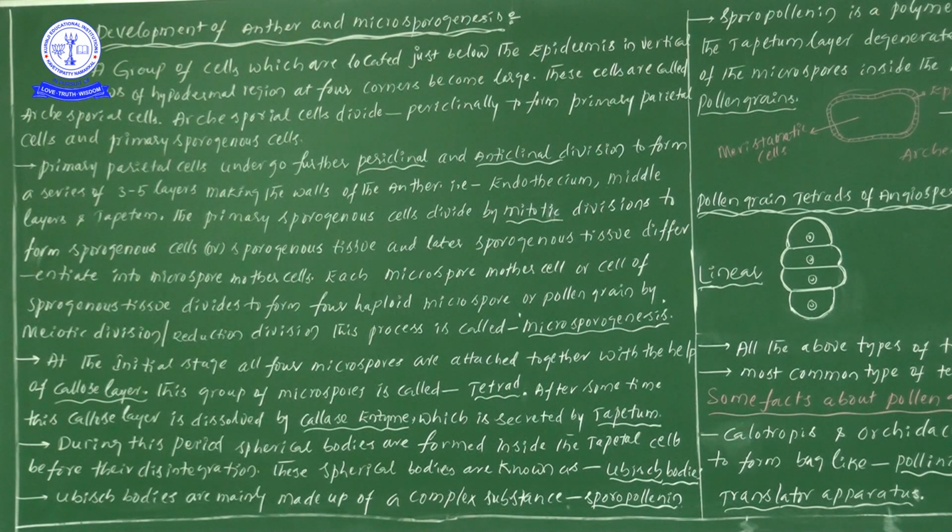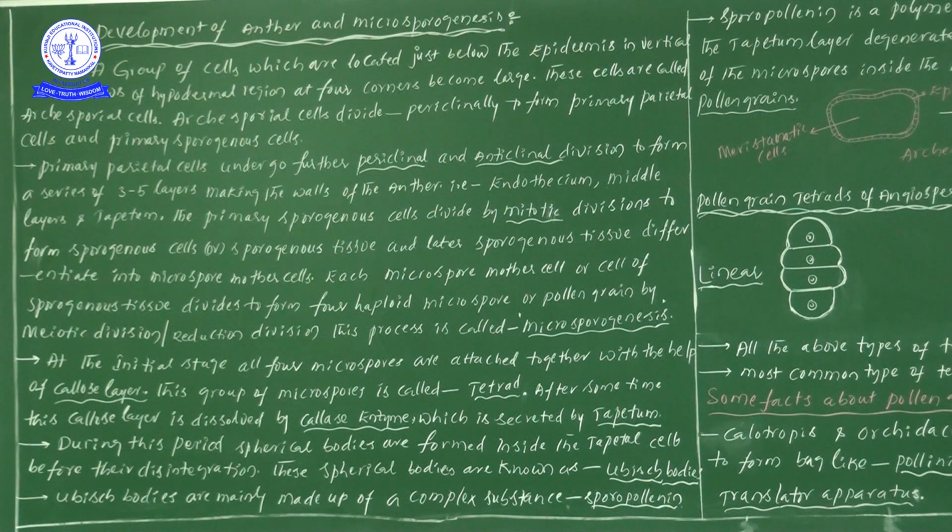Now once the formation of the microspore mother cell is completed, what is happening? This particular microspore mother cell, the spore mother cell, undergoes meiotic division. Already we have seen this point in our classes, but let us see it one more time.